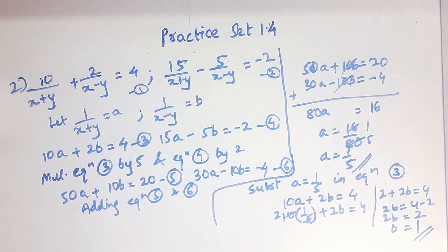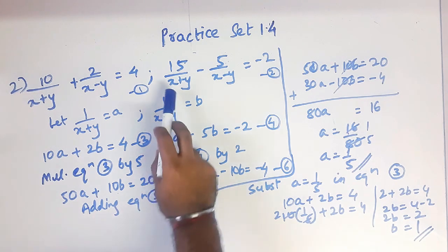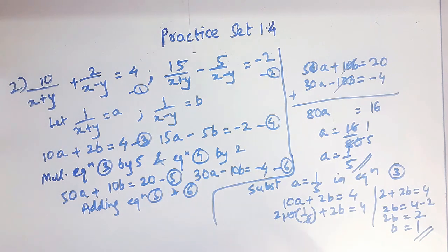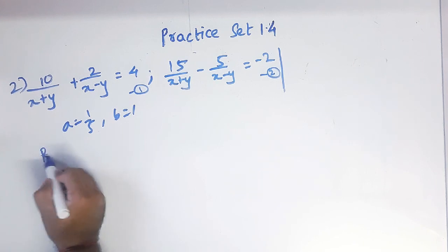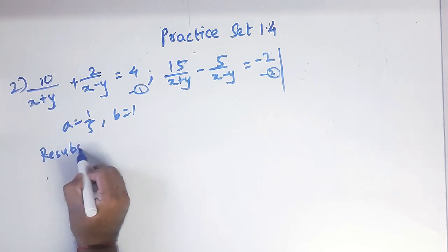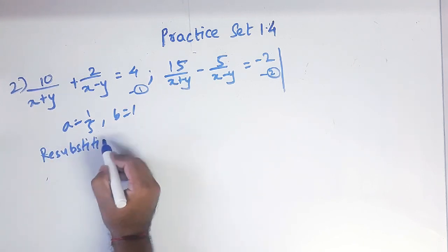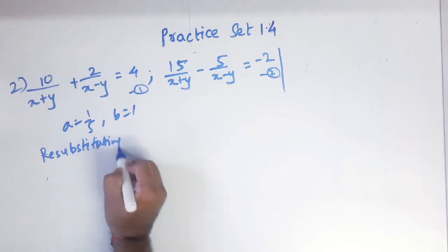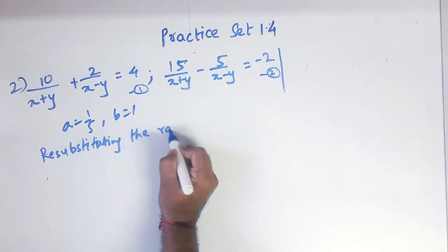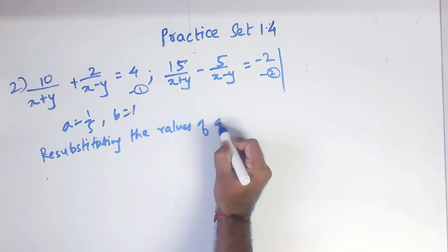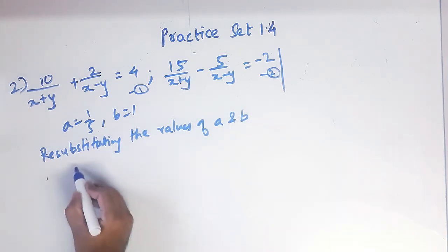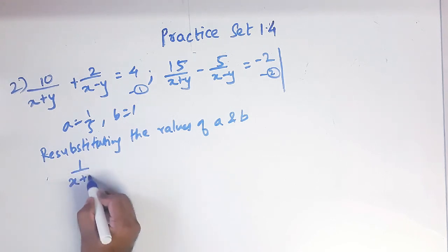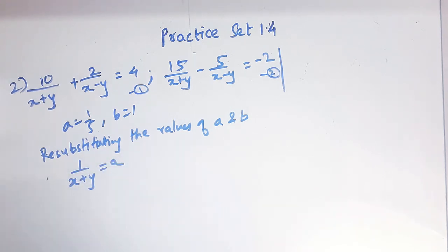But our task is not over. We have to find the value of x and y. So how will we do this? See, after this, our very important word is resubstituting the values of a and b. So we had taken 1 upon x plus y equals a.